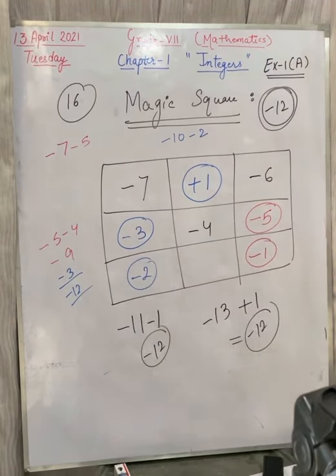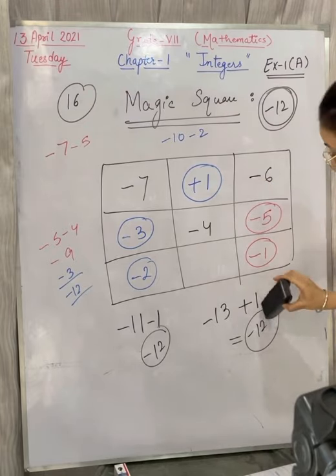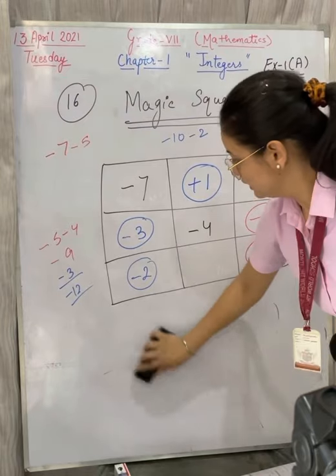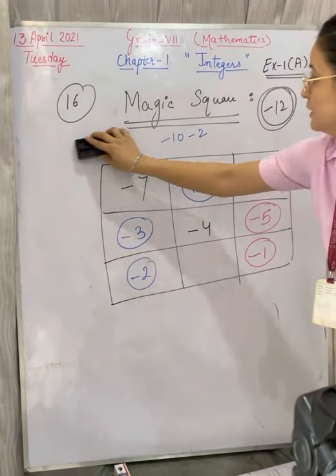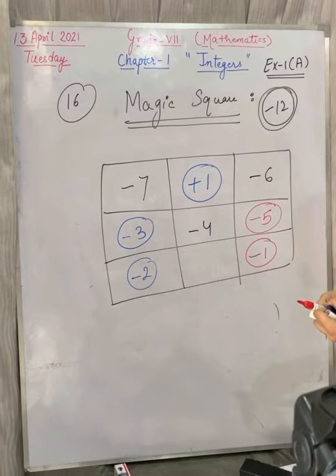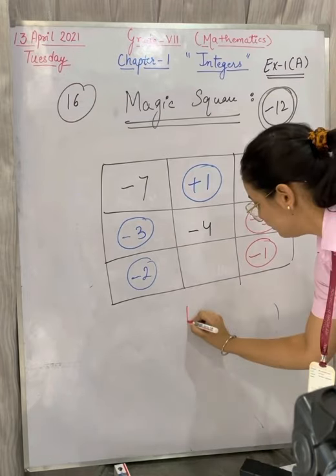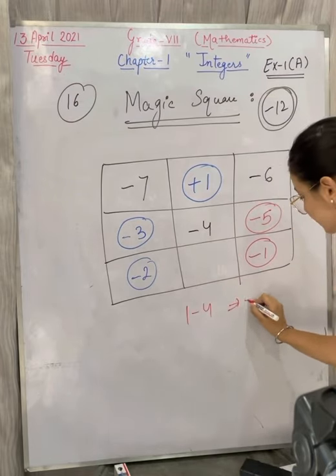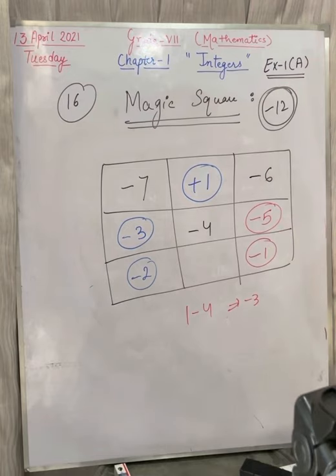Got it? Very good. Now last, plus 1 minus 4. How much is it? Add this plus 1 and minus 4. It will be minus 3. What should I add or subtract in minus 3 so that my answer will be minus 12?